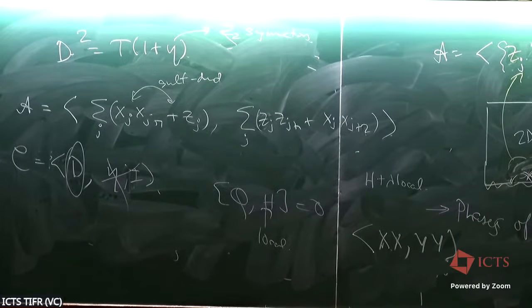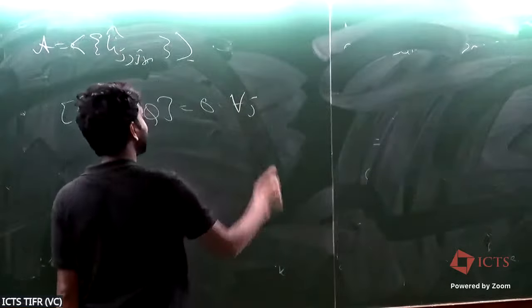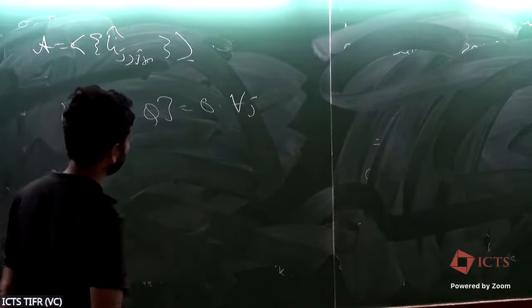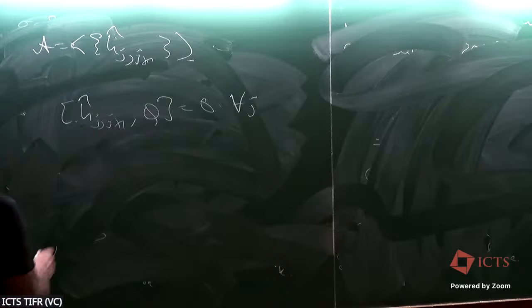So again, this is motivated by the question of how do you solve for the commutant. Given this bond algebra, we really want H_{j,j+1} Q equal to 0 for all j. And it turns out you can phrase this as a problem of solving for frustration-free ground states.